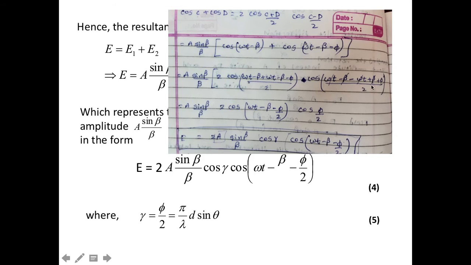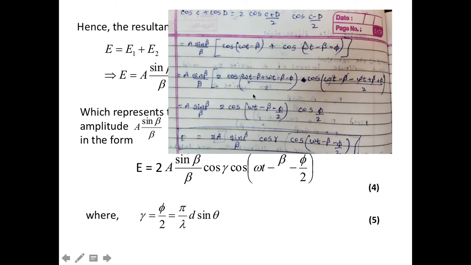What is remaining here is cos phi by 2, and omega t plus omega t is 2 omega t, with minus 2 beta and minus phi, divided by 2.